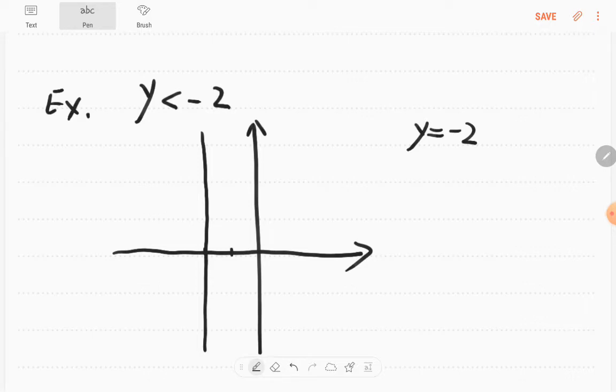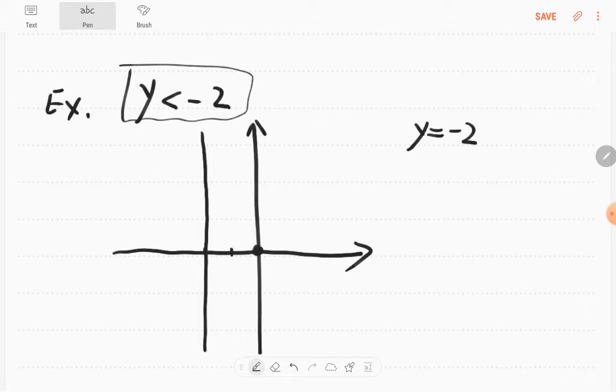You just pick an arbitrary point and plug it in to see if it satisfies this inequality. For example, we always choose the origin, the 0, 0 point, because it's easy, and the origin is not on the line. So y equals 0. Is 0 less than negative 2?